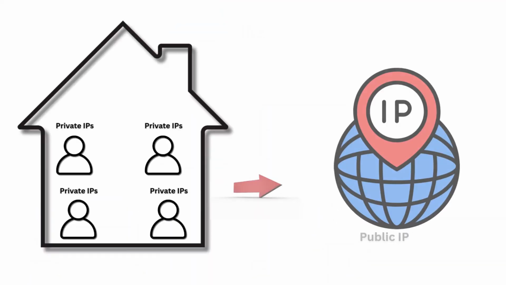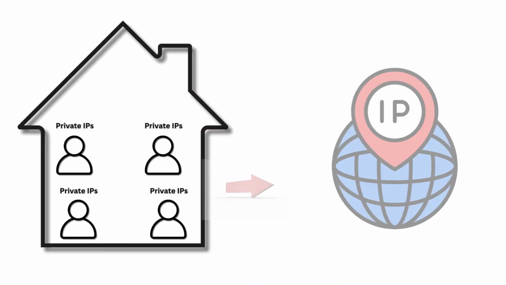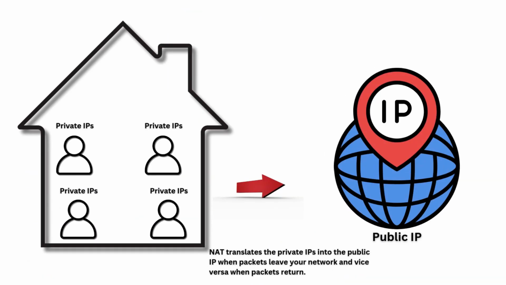We also have network address translation. It's a technology that allows multiple devices in a private network to share a single public IP address. Your router has a public IP address assigned by your ISP. Your devices like your laptop, phones, and smart TV use private IP addresses. So NAT translates the private IP into the public IP when your packets leave your network, and vice versa when your packet comes back.